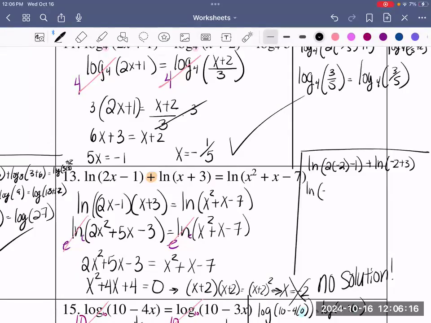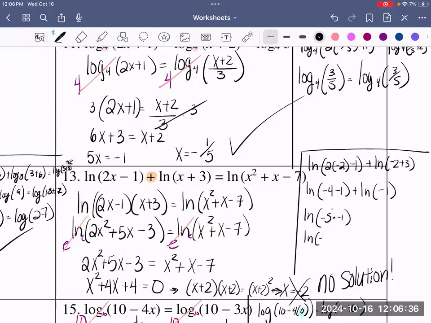ln of -4 minus 1 plus ln of -1. So again, you're seeing this negative coming up on the inside of your ln function, which we don't want to see. So you have -5 times -1.